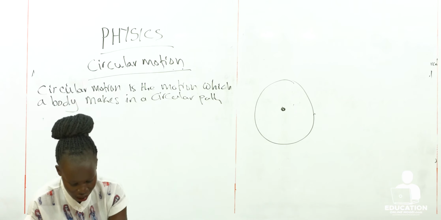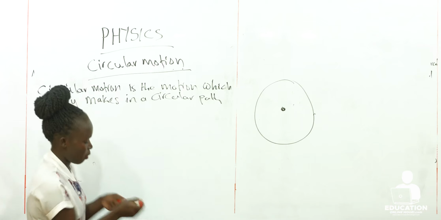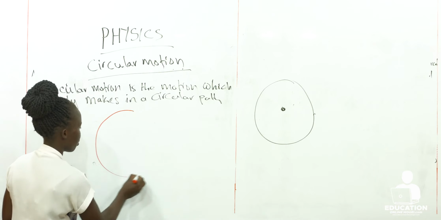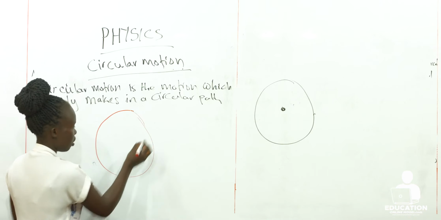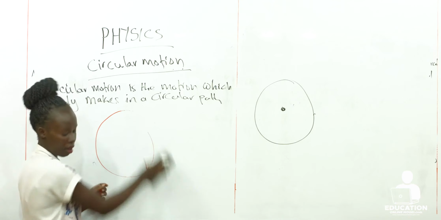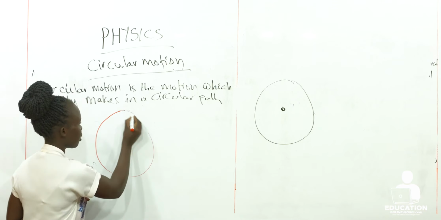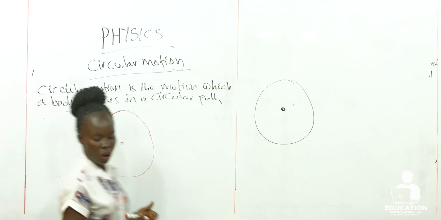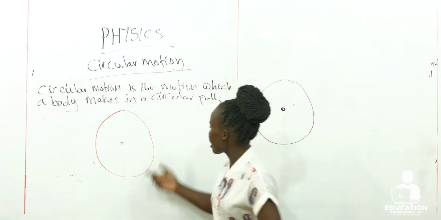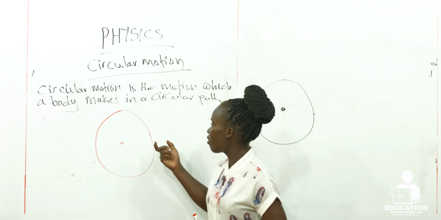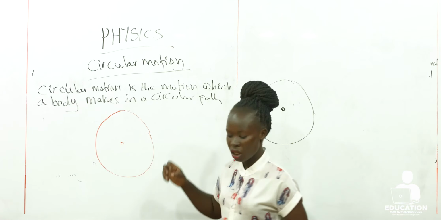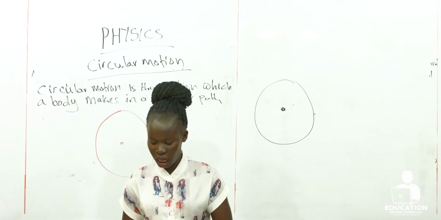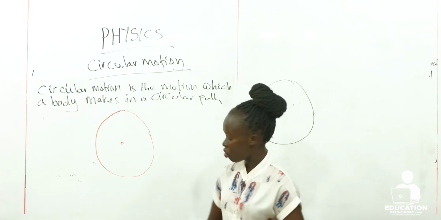Let's take a look at this. If it is the circular path, we assume this is our circle. We started swinging the body right from here. We are taking this as our fixed point. With circular motion, the velocity is not constant. The velocity keeps on changing from one point to another.